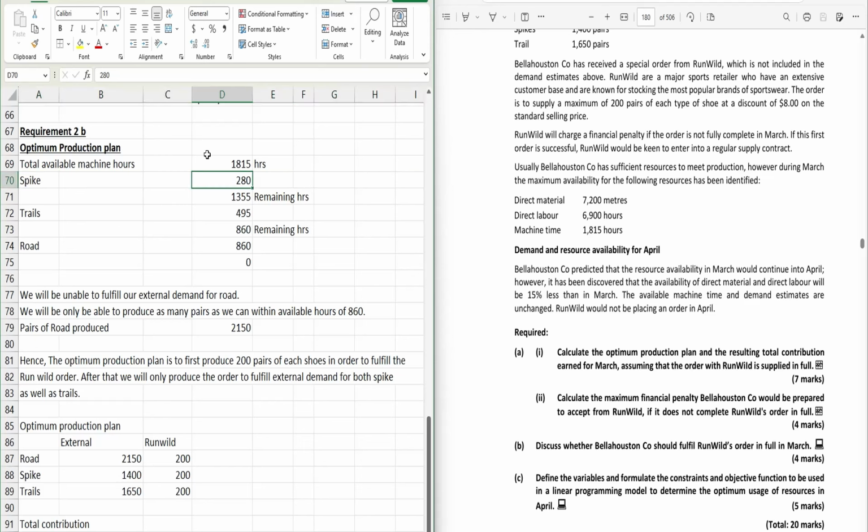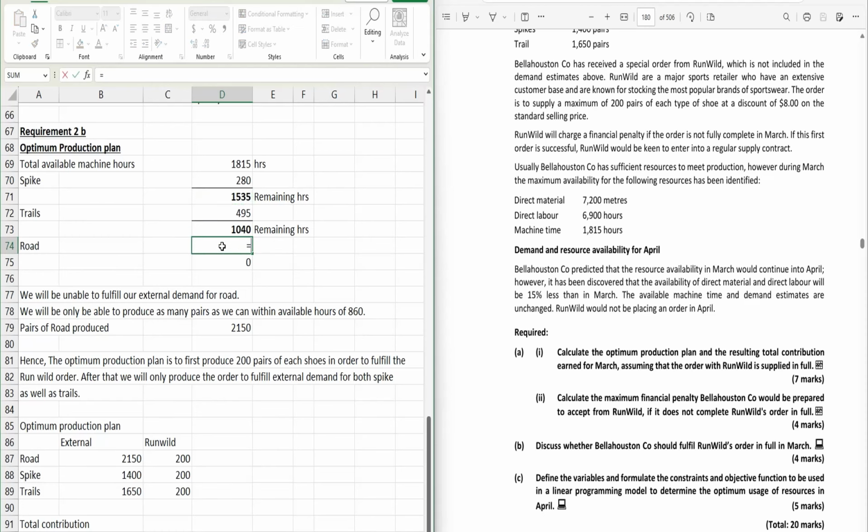For spike, 280 hours are required, so subtracting these two, the hours available are 1535. Then for the trial product, we need 495. Then how many hours are remaining? 1040.